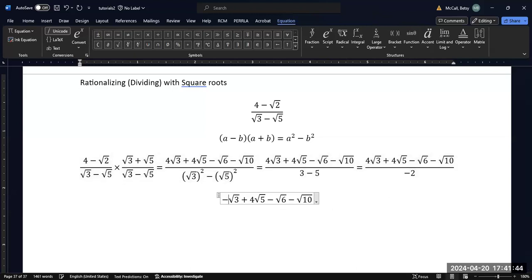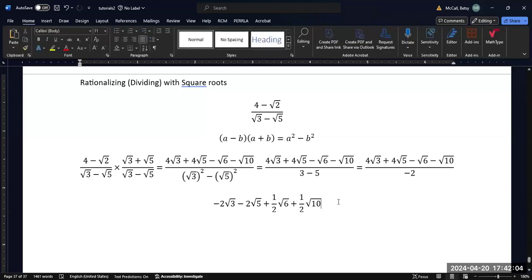So this will become -2. 4 divided by -2 is -2. 4 divided by -2 is also -2. This will become +1/2 because there's nothing out front to divide by. And this will also become +1/2. So this is about as simple as I can get my expression.